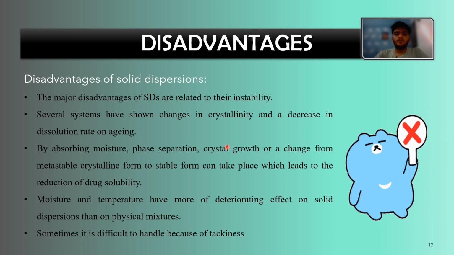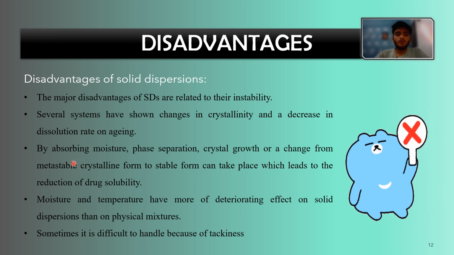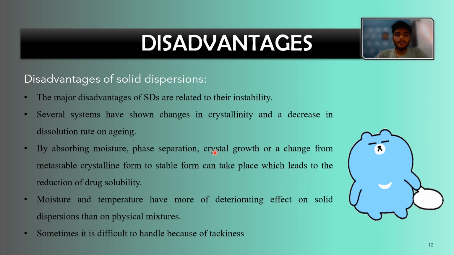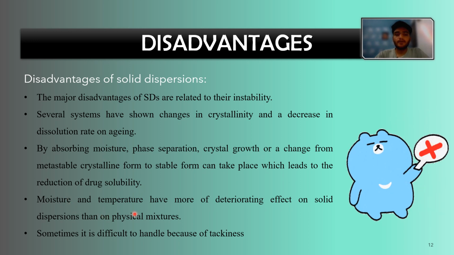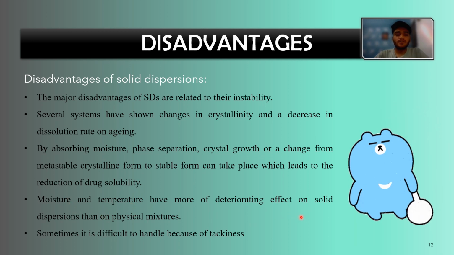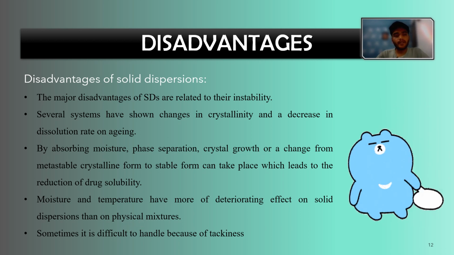By absorbing moisture, a phase separation, crystal growth, or a change from a metastable crystalline form to a stable form can take place, which leads to reduction of drug solubility. Moisture and temperature have a more distorting effect on solid dispersions than on physical mixtures. Sometimes it is difficult to handle because of tackiness. These are the disadvantages of solid dispersion.